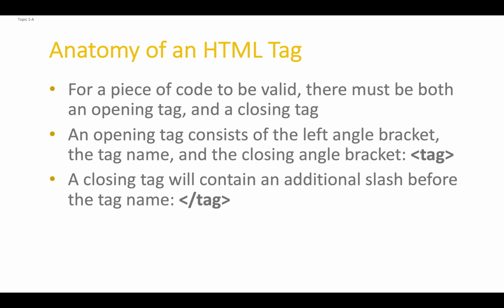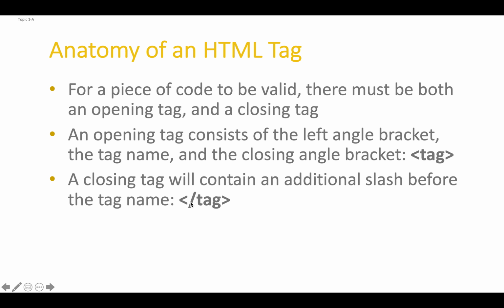For a piece of code to be valid or correct, there must be both an opening tag and a closing tag. An opening tag consists of the left angle bracket, the tag name, and the closing angle bracket. So the arrows wrap around the word. A closing tag will contain an additional slash before the tag name.